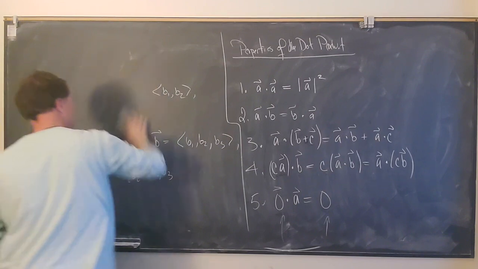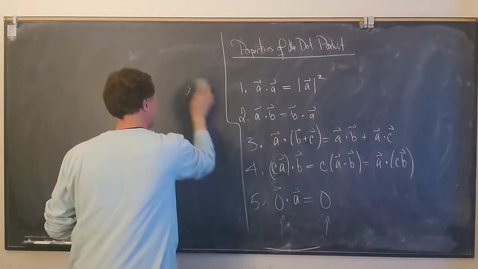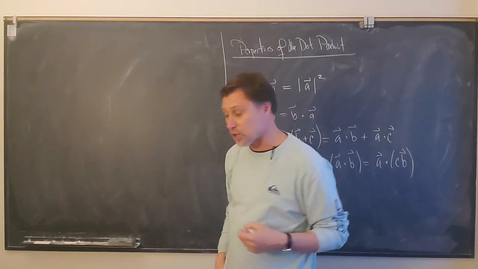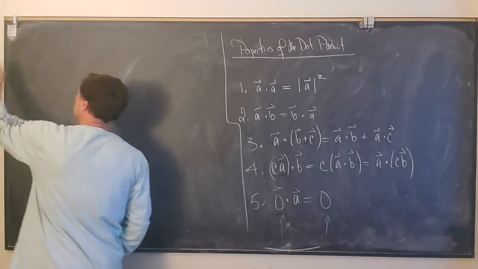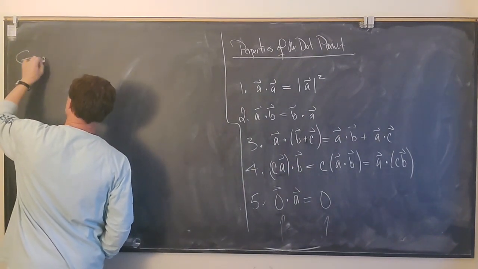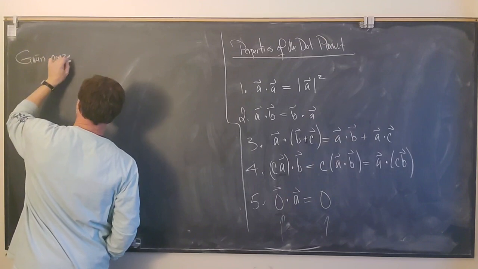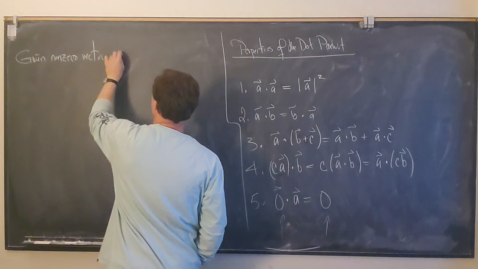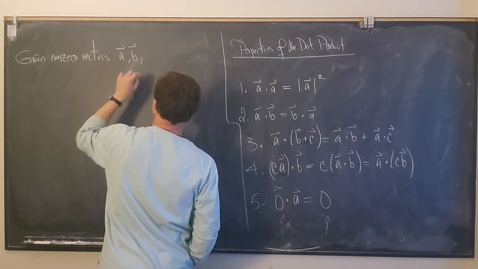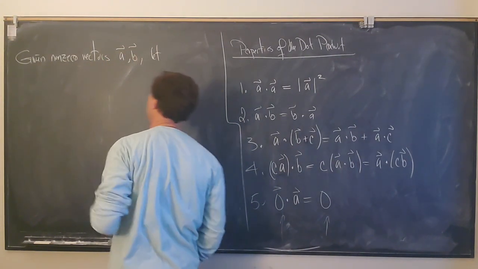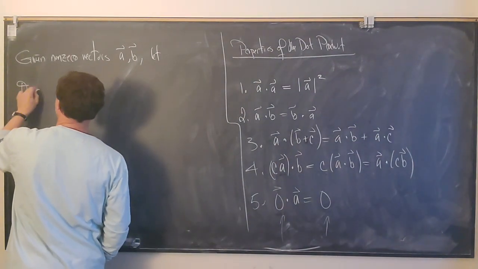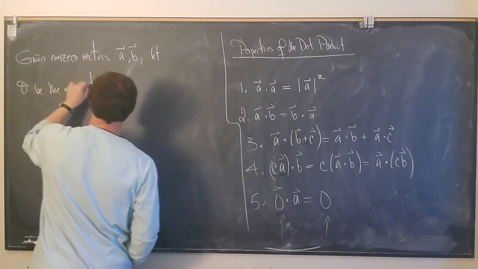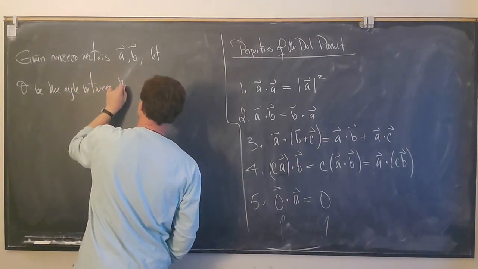Okay, so now we're going to see, I mean, this is just sort of a computational thing so far, and now we want to see what the dot product tells us geometrically about vectors. So given non-zero vectors a and b, let theta be the angle between them.